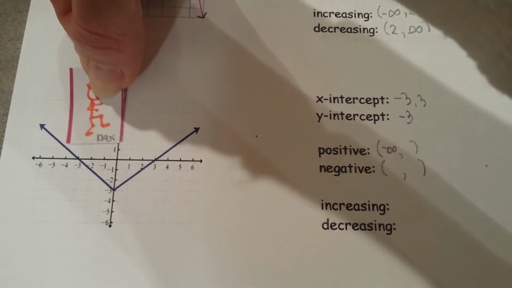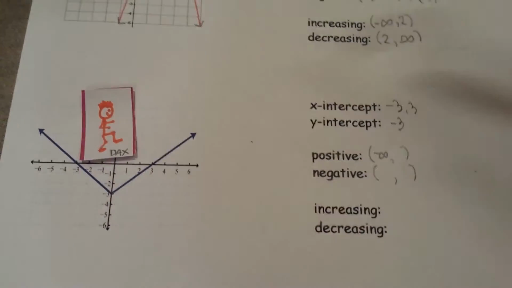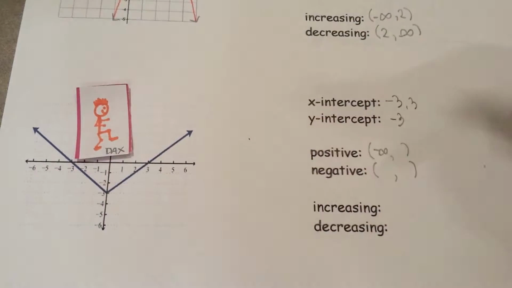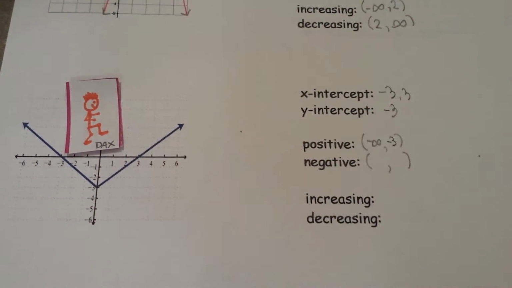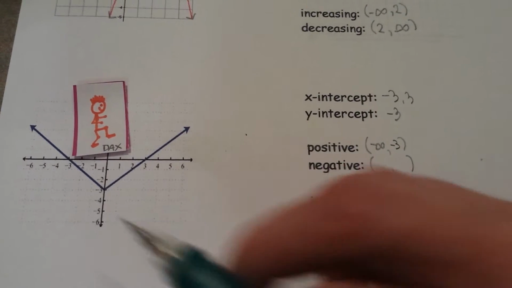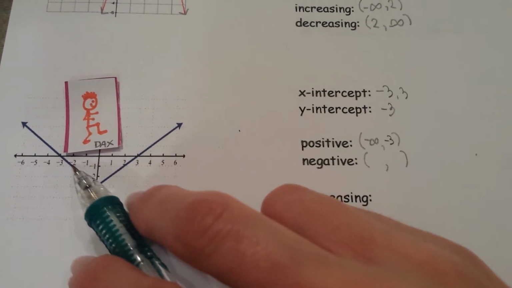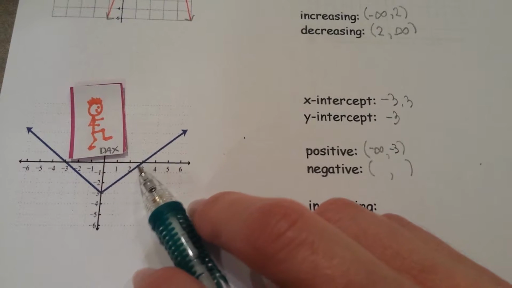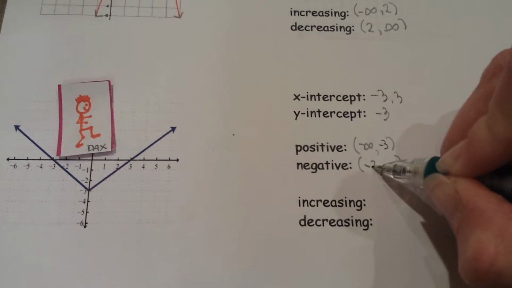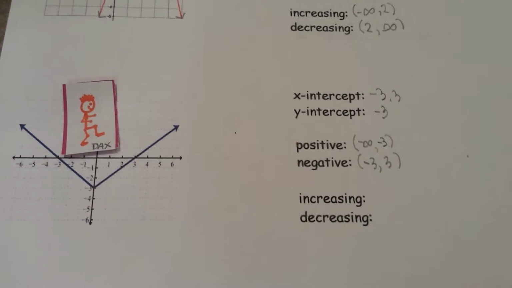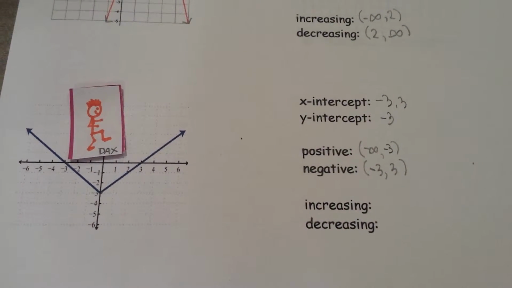And then as Dax travels along, it looks like it starts to go negative right here at -3. So it's positive from -infinity until -3. And then it looks like it goes negative from -3 until +3. So that interval just from -3 to +3 is written simply like that.